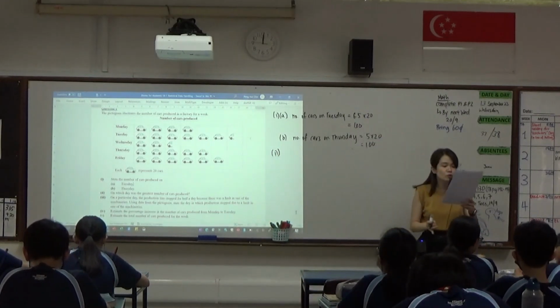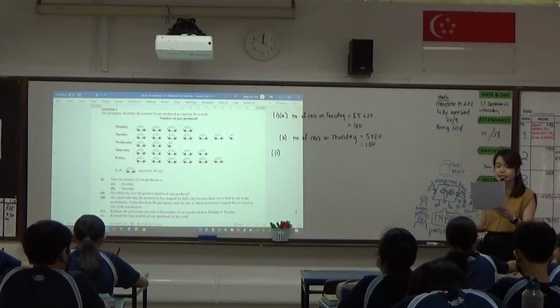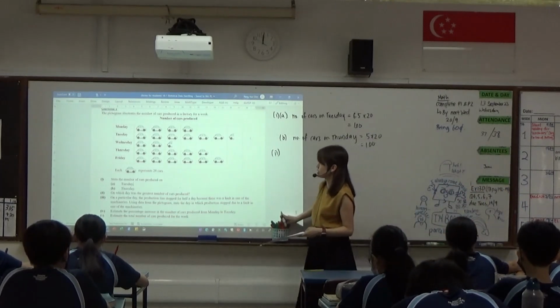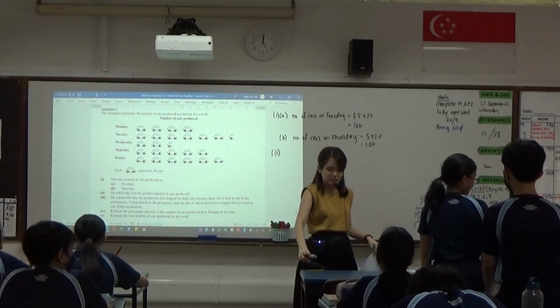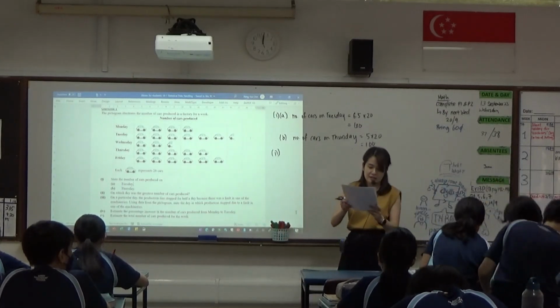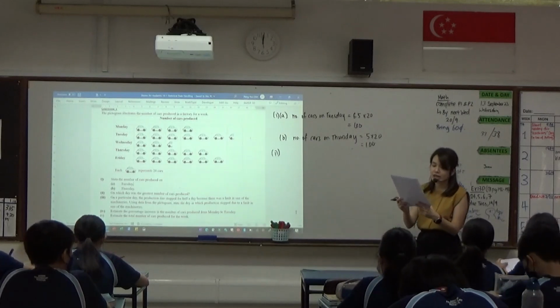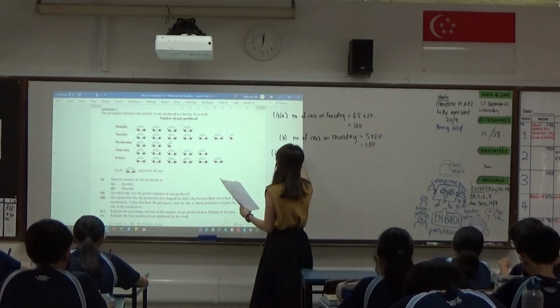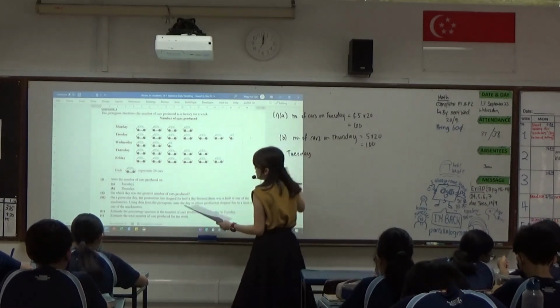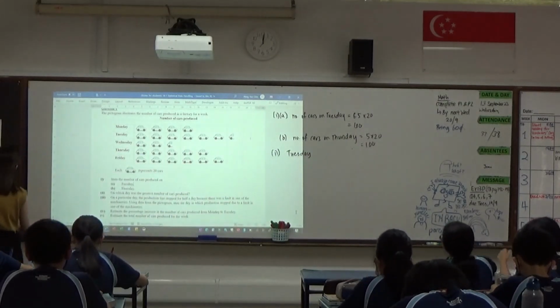Okay, for part 2, on which day was the greatest number of cars being produced? Which day was the greatest number of cars produced? Tuesday, great.